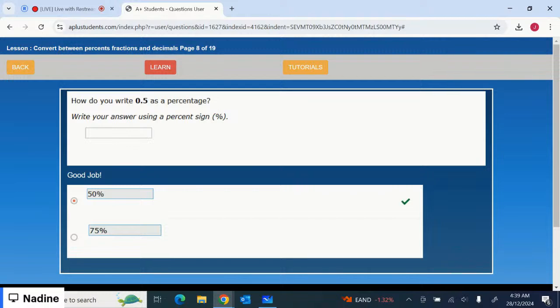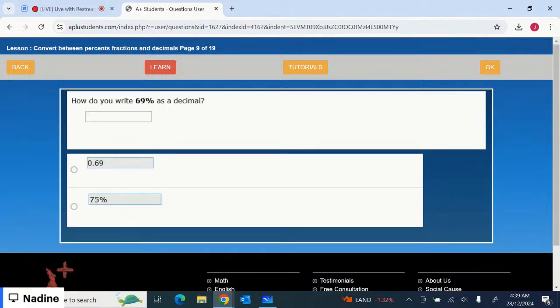The correct option is 50%. 69% as a decimal is 0.69.